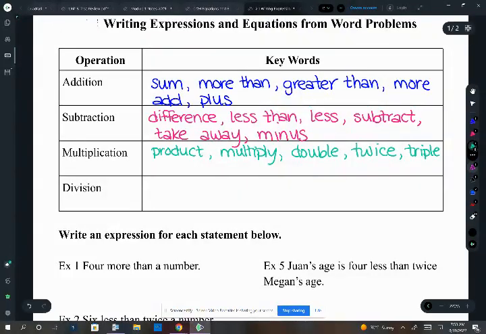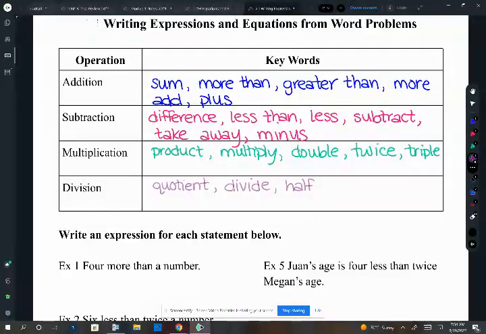And then we have division. And so division, it might say that it's the quotient of two numbers. It might say something like divide. It might say you're going to take half, which remember would be dividing by 2. And those are basically our most common words that we're going to see.